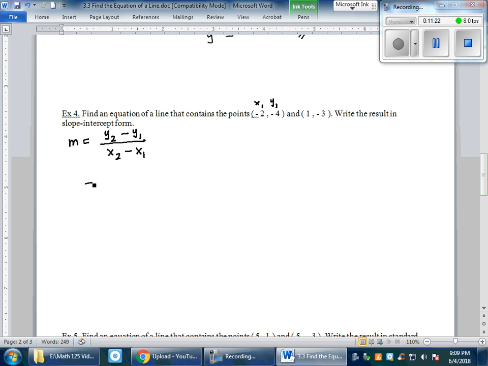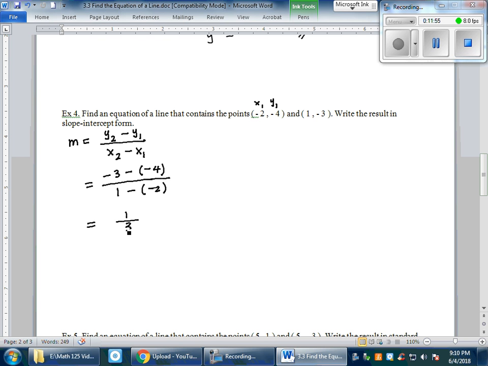Then, substituting it correctly, my y sub 2 is negative 3 minus my y sub 1, which is negative 4, and my x sub 2 is 1 minus my x sub 1, which is negative 2. So this gives us 1 over 3. So now I got the slope.